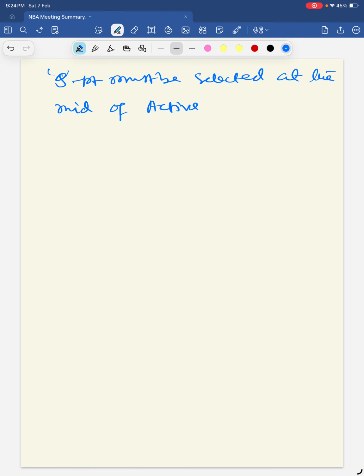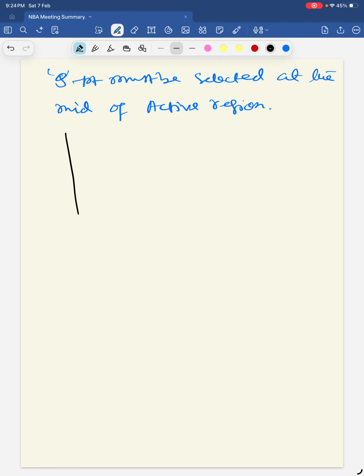So the general rule is that the Q point must be selected at the mid of the active region, so that we can have the full cycle at the output. But what will happen if we select the Q point nearer to the cutoff or nearer to the saturation point? That I want to show you.